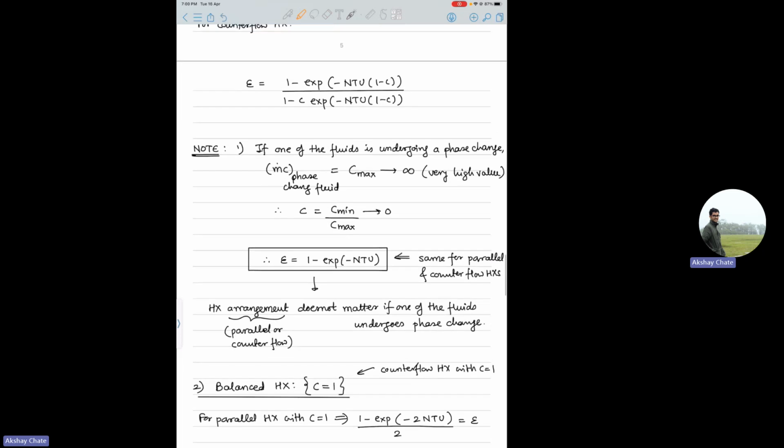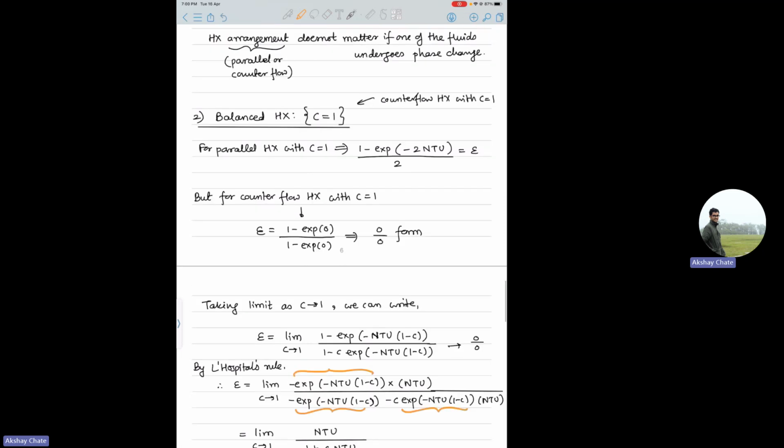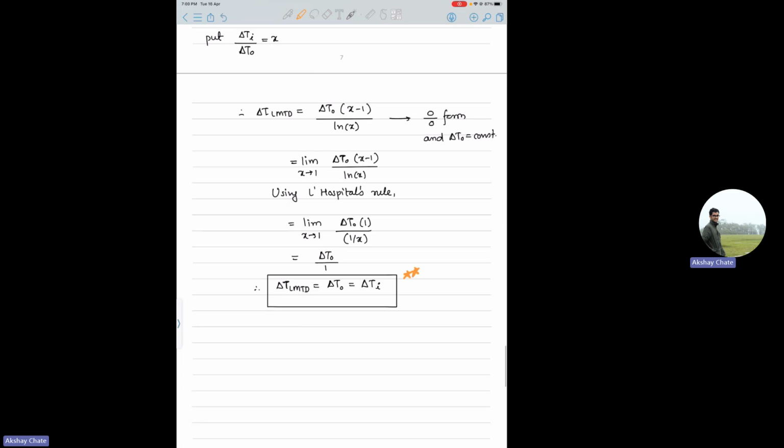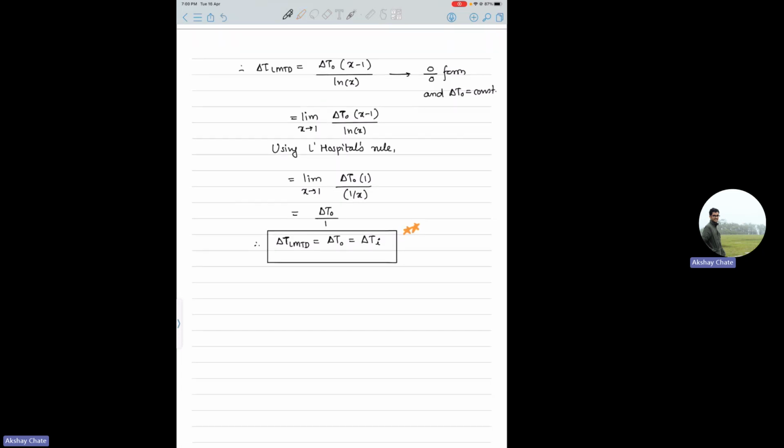And in case of a phase change heat exchanger, it doesn't matter whether it's parallel or counter. The effectiveness formula is boiled down to the same correlation for both of them. So if you remember all these three notes as well as the previous discussions, I think you should be able to solve all the numerical problems that you'll face.